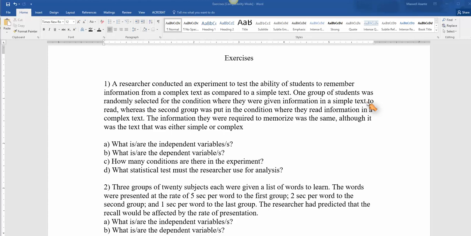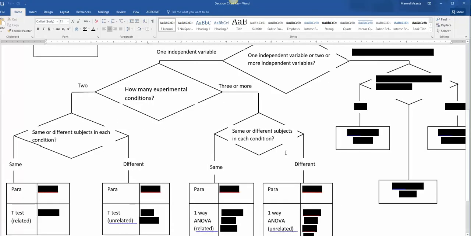A. What is or are the independent variable or variables in this experiment? So let us go back to the chart and try to see how we can analyze this. If we go to the chart, it says there are two groups of individuals and they had to read a text. One group read a simple text and the other read a complex text.